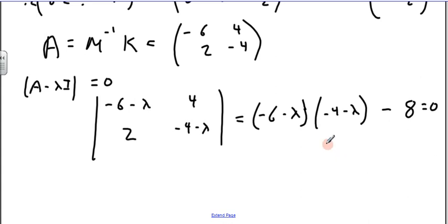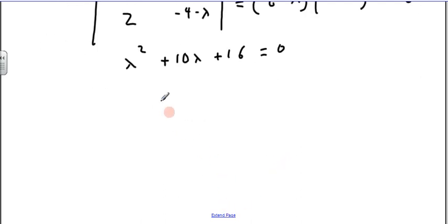Okay, so it looks like I've got lambda squared plus 10 lambda plus, I've got 24 minus 8, which would be plus 16, is equal to 0, and I can factor that: lambda plus 8, lambda plus 2 is equal to 0.